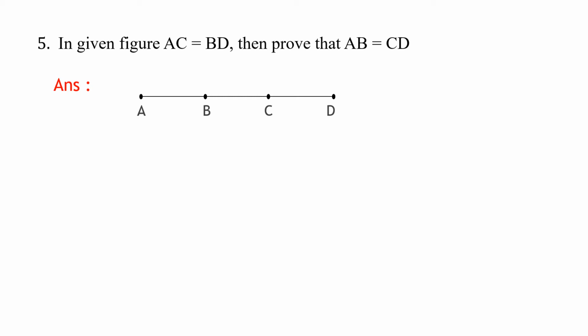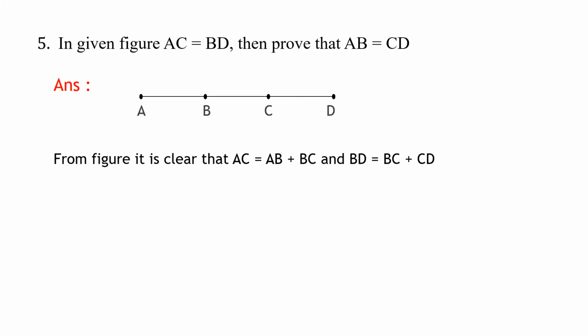We are given AC equal to BD and we have to prove AB equal to CD. So how will we prove? What is clear from the diagram now? Look at AC. What is AC? AC is AB plus BC. I hope you understand this.